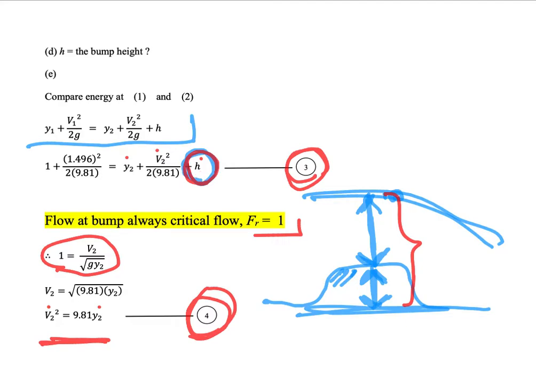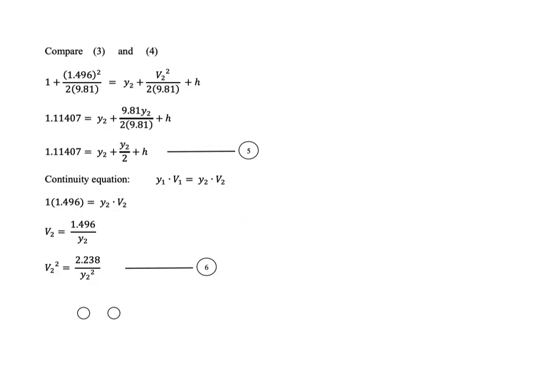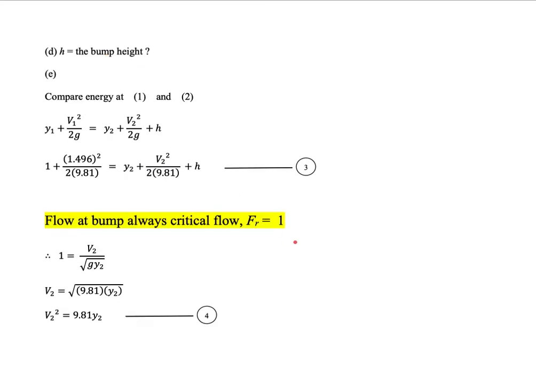Because we have three unknowns, we need to create another equation to get h. What we could do is, for example, compare the energy between equation number 3 and equation number 4.